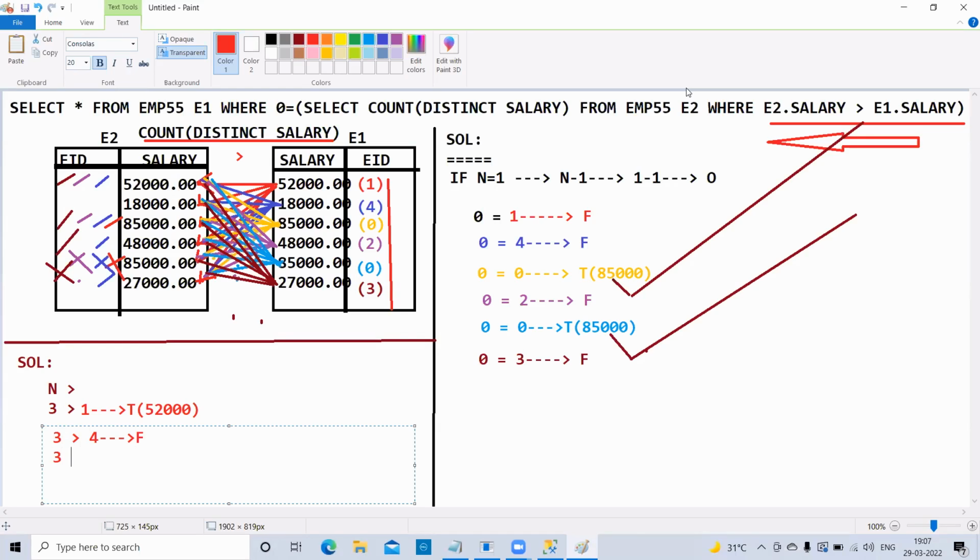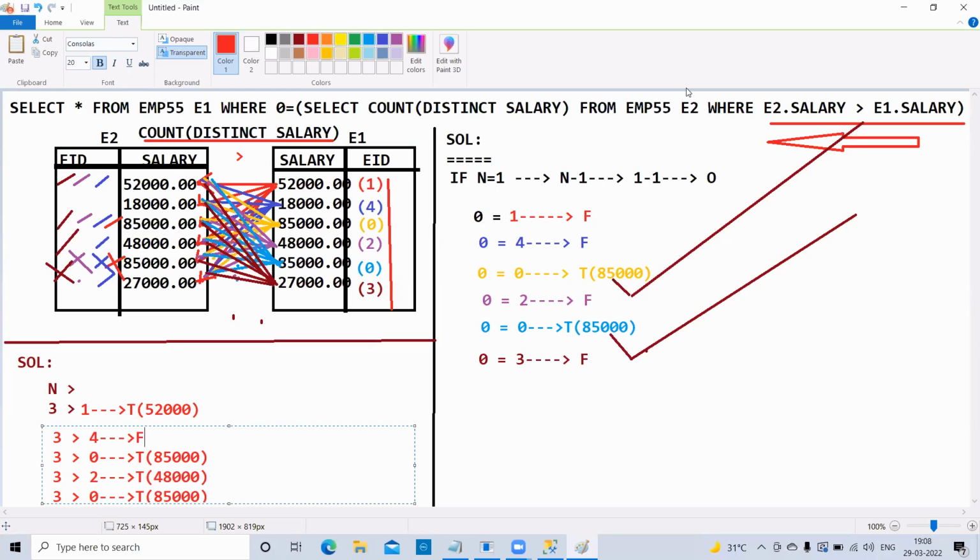Next, 3 greater than 0: true, at the value 85,000. The next, 3 greater than 2: the condition is true, at the value 48,000. Next, 3 greater than 0: true, at 85,000 again.